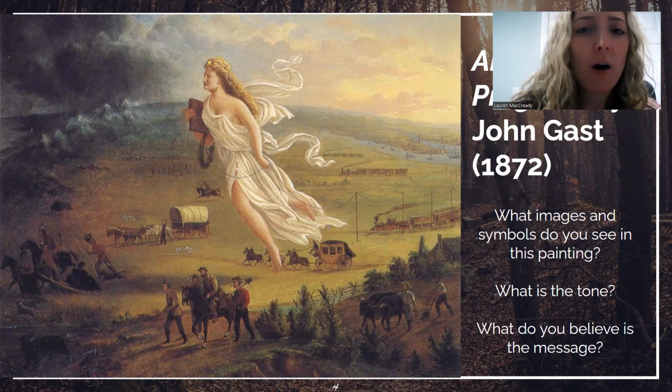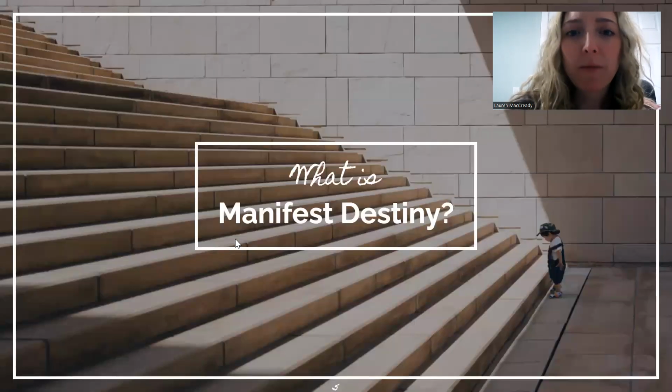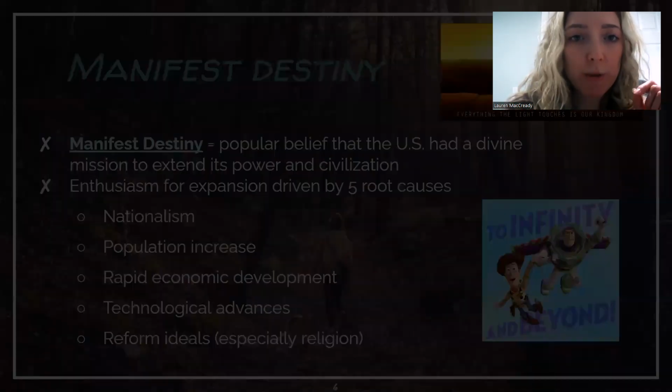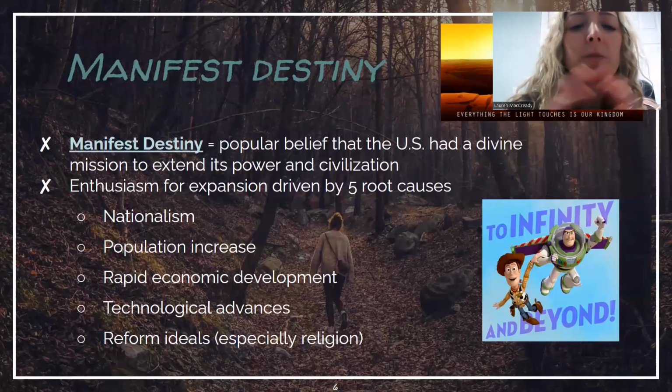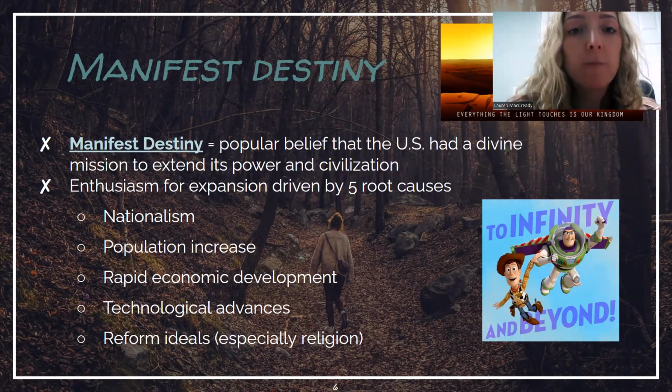So what is manifest destiny if we have to put a good textbook definition to it? Manifest destiny is this popular belief at the time by many Americans, as we'll see later, that it's not just the government, but also American people who believed that the U.S. had this divine right and this mission to expand our borders west, basically from sea to shining sea.